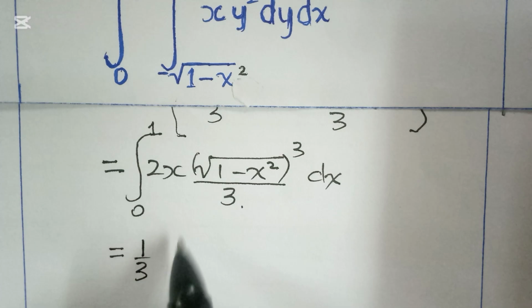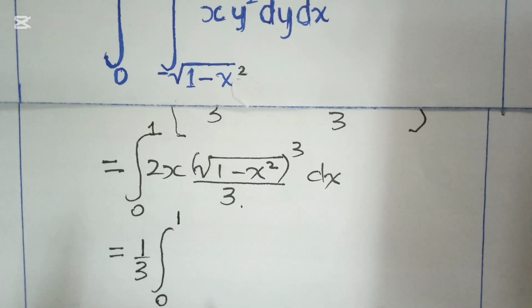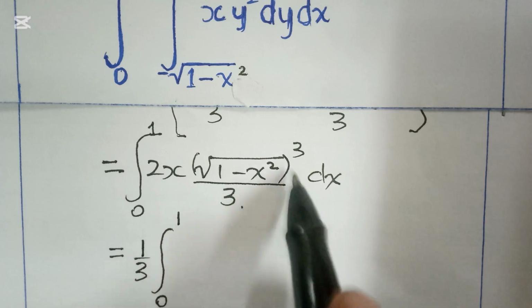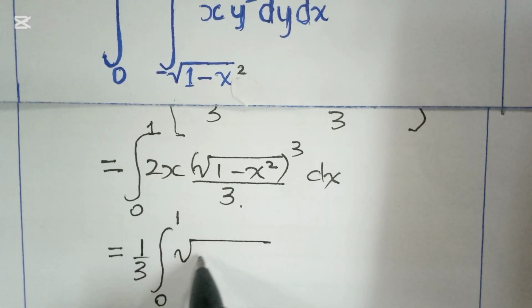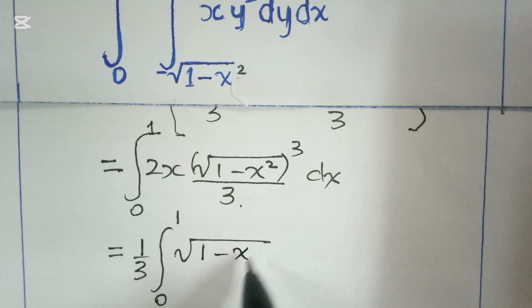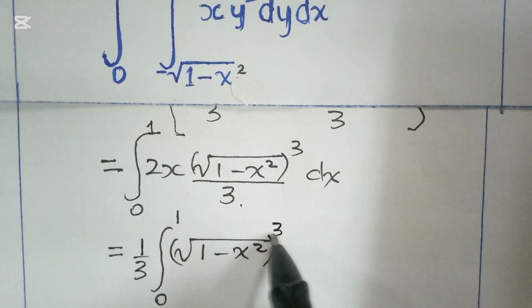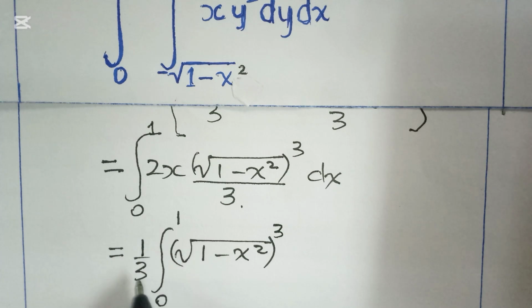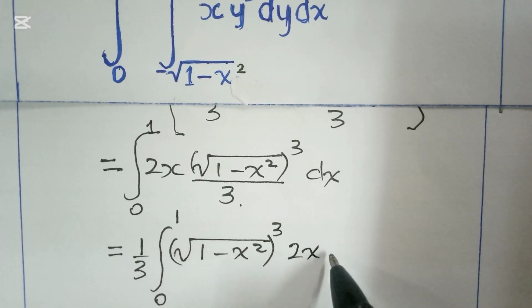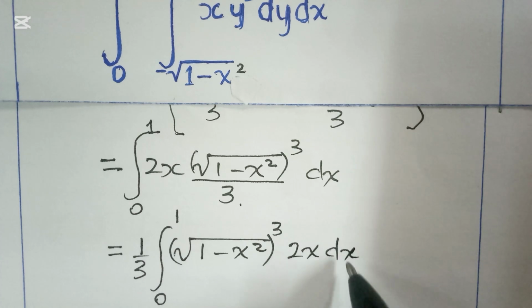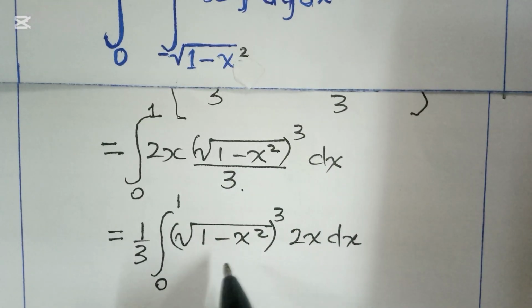We have a third there, integral from 0 to 1. Let me first write this square root of 1 minus x squared raised to 3, and then 2x dx, like that.